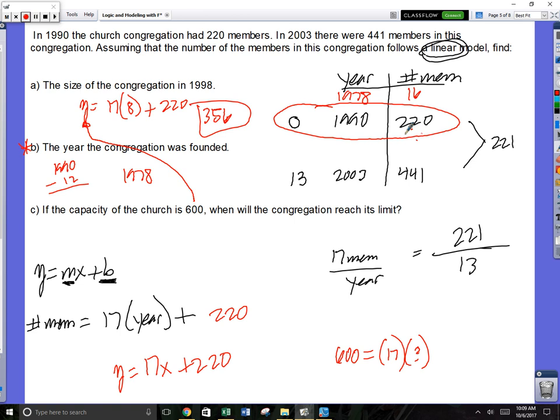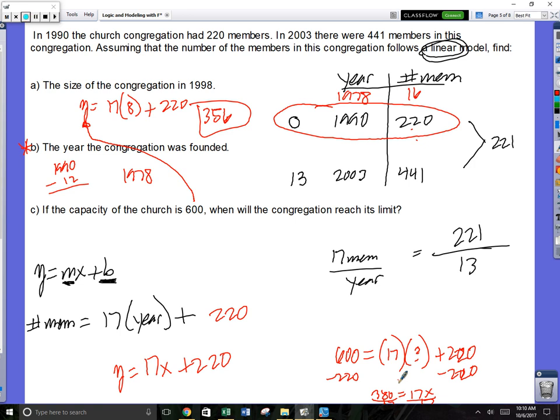But I'm going to reference it from this 1990. So whatever I need to do, I need to add 220 to that. So if I subtract 220 from both sides, 600 minus 220, that's going to be 380 equals 17x, divided by 17 on both sides.